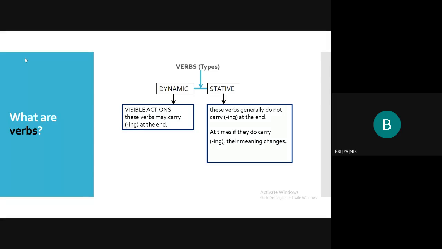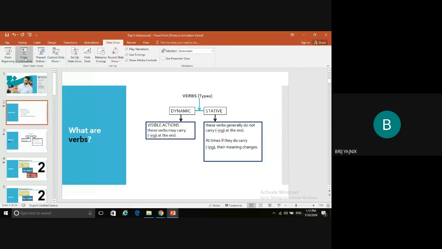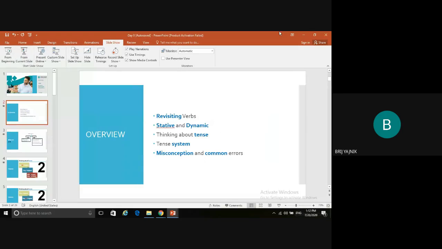And then there are some which will carry ing at the same time. They mean something different than what they actually mean. So, for example, we did many examples actually. We did look, it has two meanings, right? So let me quickly talk to you about how we have used the word look.